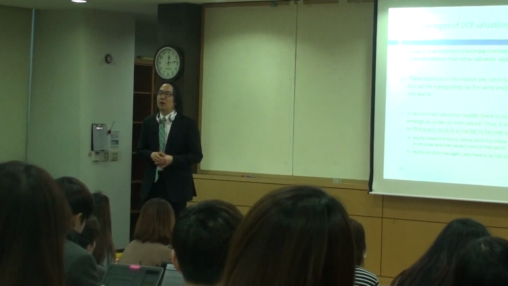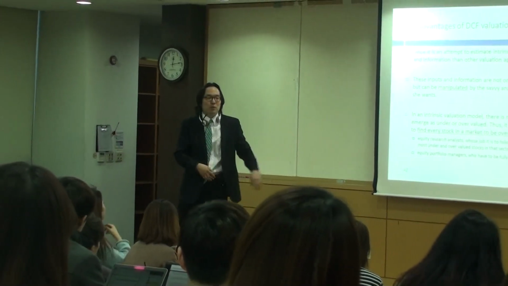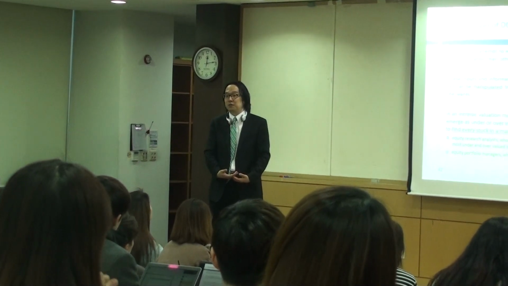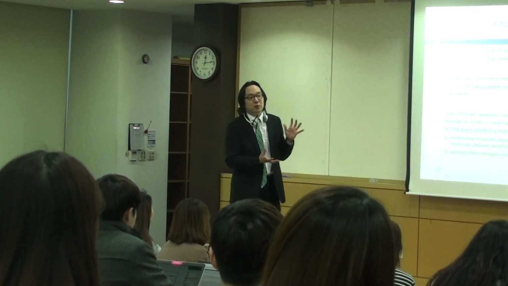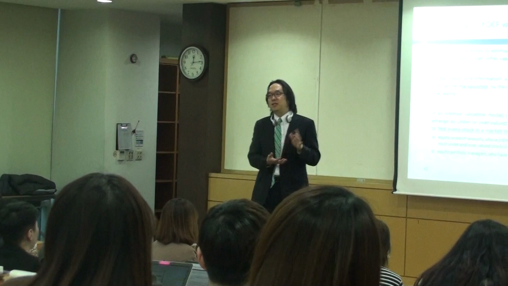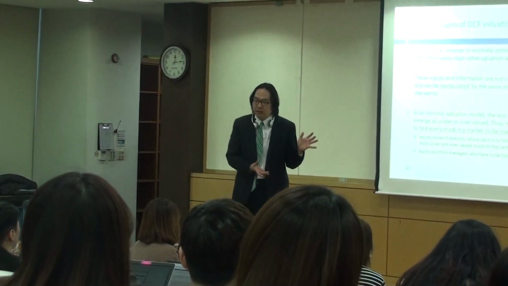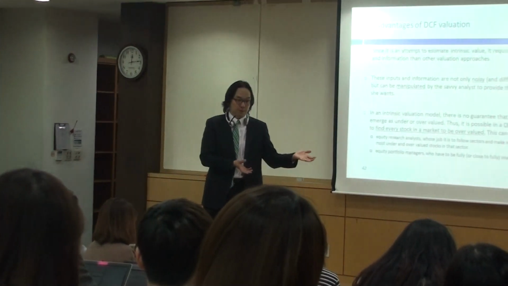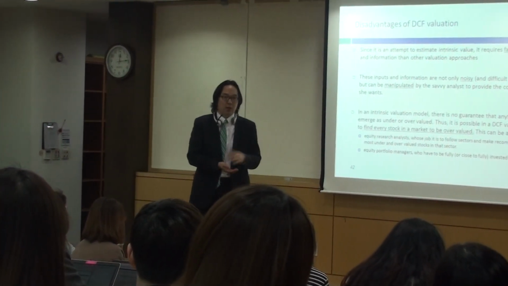You cannot just liquidate all your stocks and hold 100% cash as your portfolio. You'll be punished, right? You have to have some stocks there. In that setting, DCF will be silent, okay? In that setting, relative valuation will be more helpful. That's what I'm trying to say here.